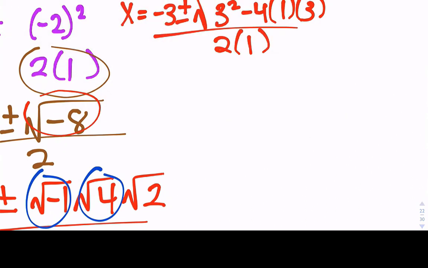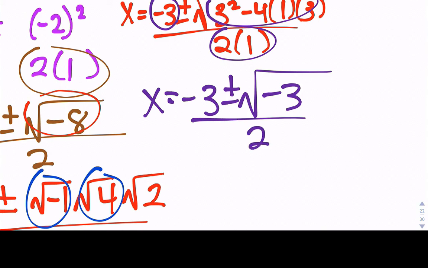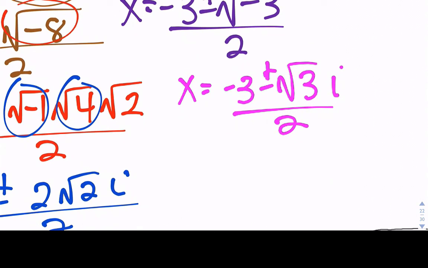Calculate your three numbers here. x equals negative 3 plus or minus the square root of negative 3 over 2. Pull out that i. x equals negative 3 plus or minus the square root of 3i over 2. And that's the furthest we can simplify it because we can't divide 3 or 1 by 2, so I'm just going to leave that.